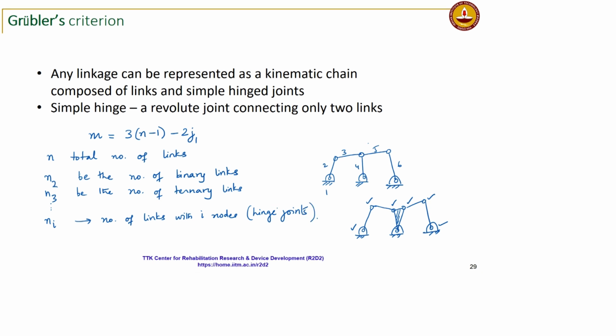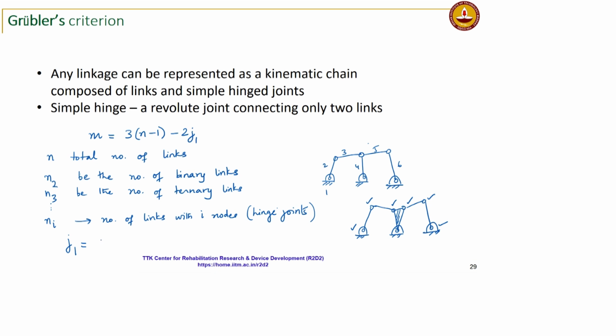So, I can write my mobility equation as follows. What is my j1? Each simple hinge connects 2 links.